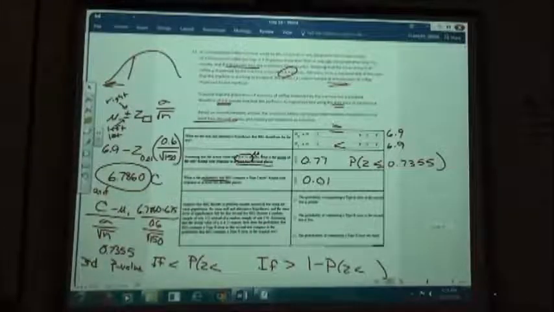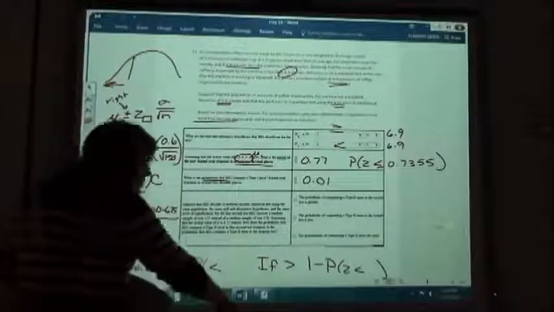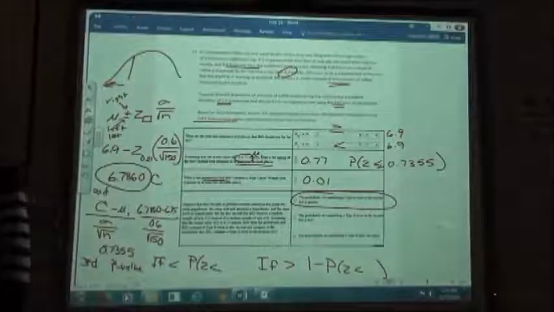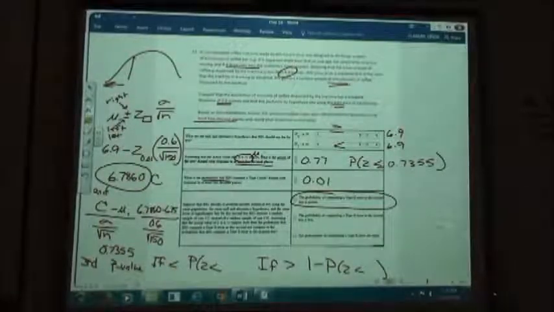If I sample fewer people, am I going to have more or less chance of making an error? I'm going to have a bigger chance, right? The fewer people I sample, the bigger the chance I'm going to get an error. So, the probability of committing an error is going to be greater because I sampled less people.